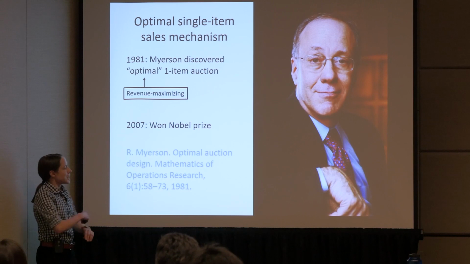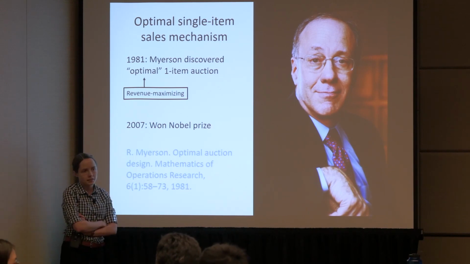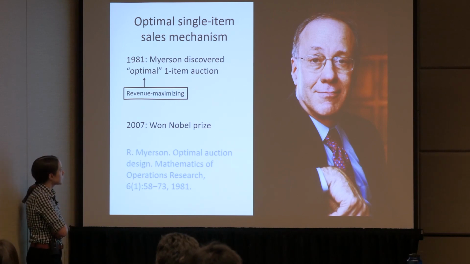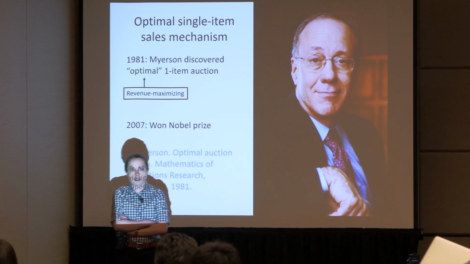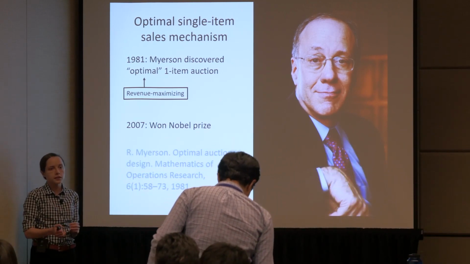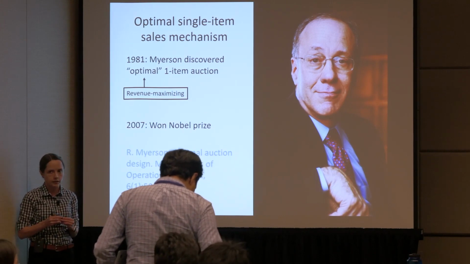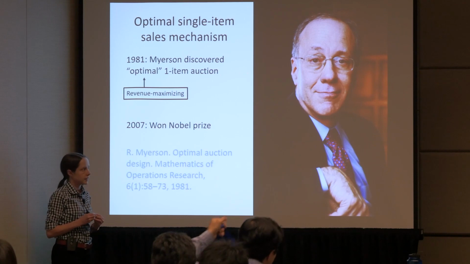And so now I want to start talking about revenue, which is the focus of this tutorial. I'm going to start off by talking about the single item case, for which we know a lot. We have a really well-developed theory of single item revenue maximization. This was developed by Myerson in 1981.